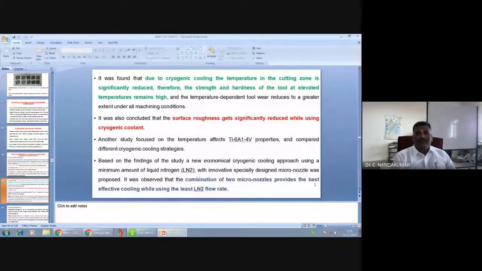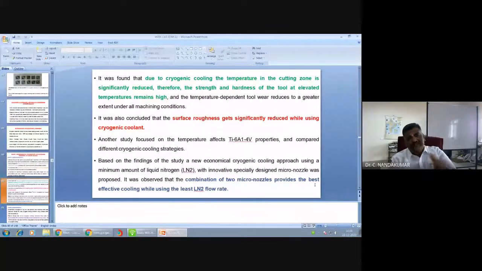Due to cryogenic cooling, the temperature in the cutting zone is significantly reduced. Therefore, the strength and hardness of the tool at elevated temperature remain high. The surface roughness is significantly reduced while using the cryogenic coolant.